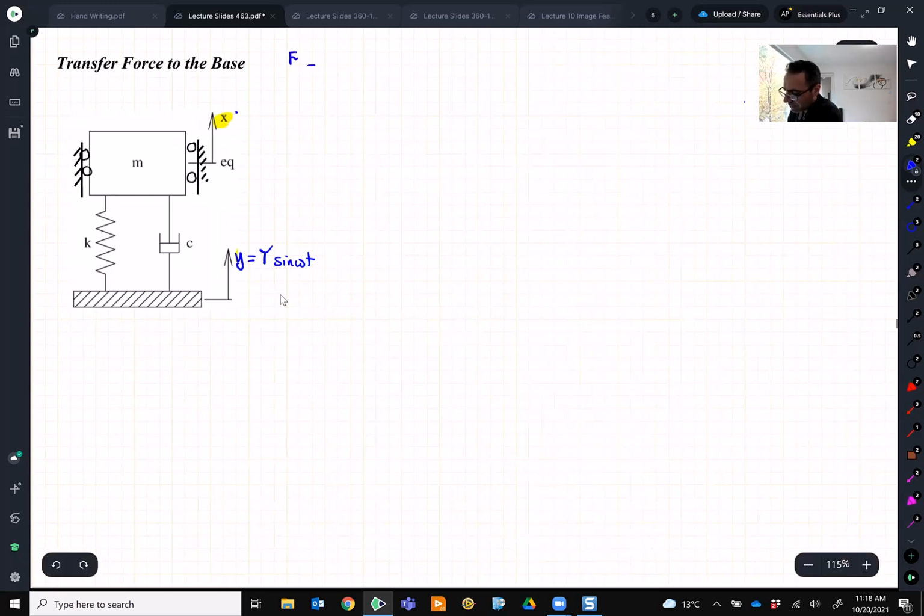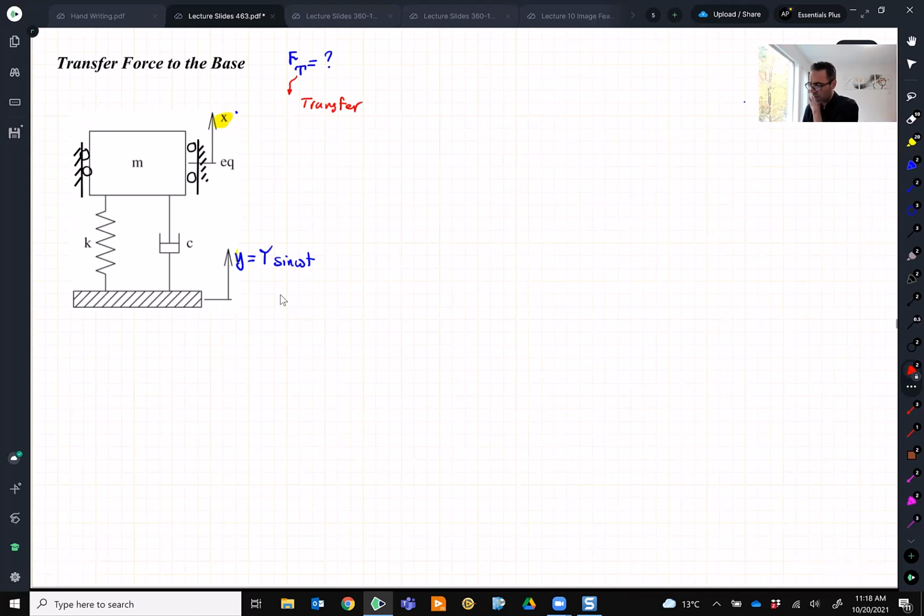The F equation is something that we want to find out. Some people show it by Ft, just to indicate that this is the transferred force. So we'd better stick with Ft, the same notation that people use.